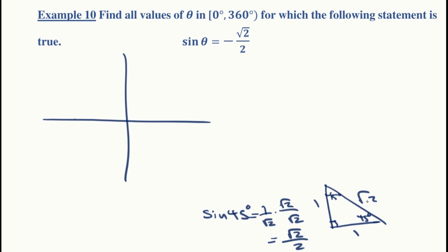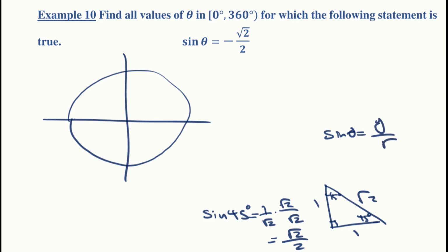So let me just go ahead and do a full circle here. But we want the ones where the sine is negative. Remember, sine is negative where y is negative, right? Because remember, sine of theta is y over r, right?